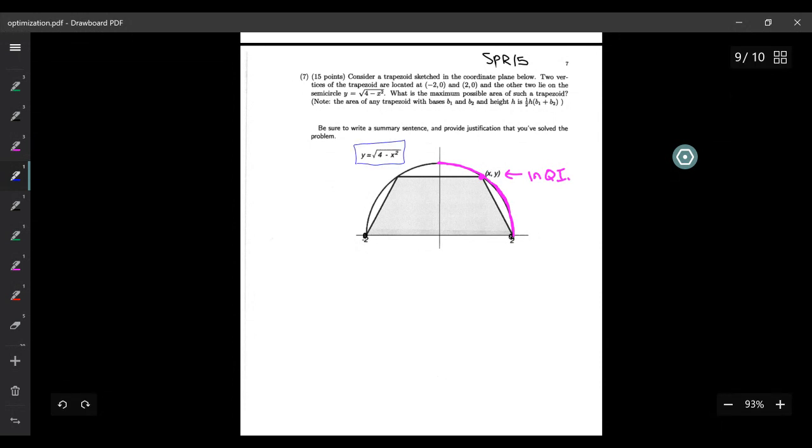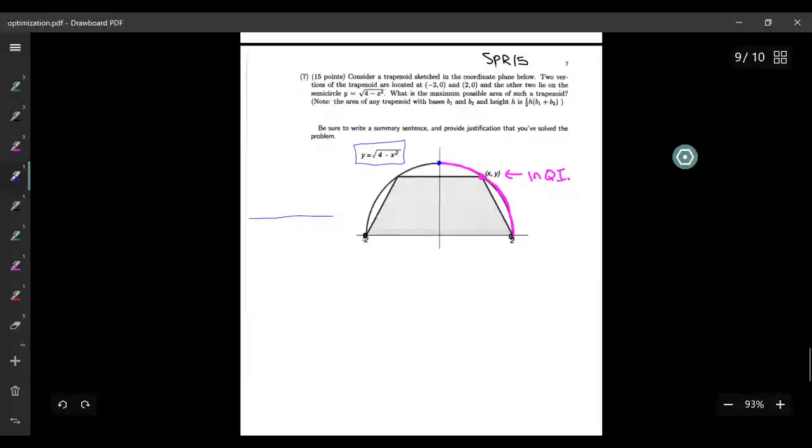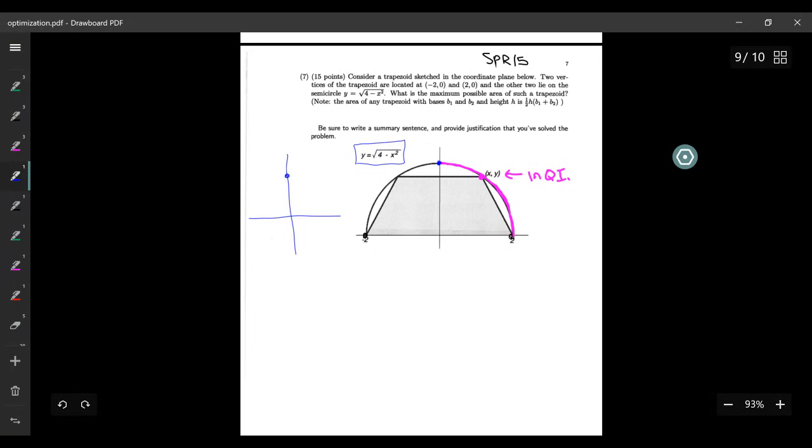All right, they give you this. And so what I can do is I can put this point right on the y-axis, in which case my trapezoid ends up being a triangle. Because of this mirror imaging on the other side, if I mirror image this point, it would stay at that point.